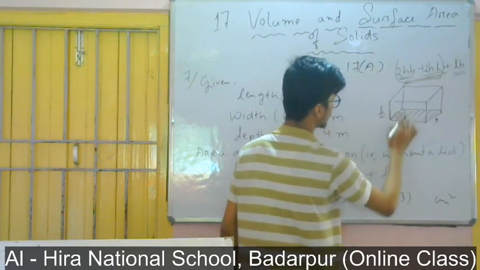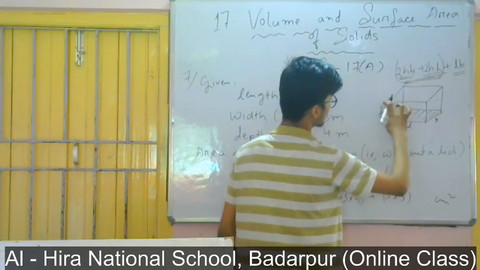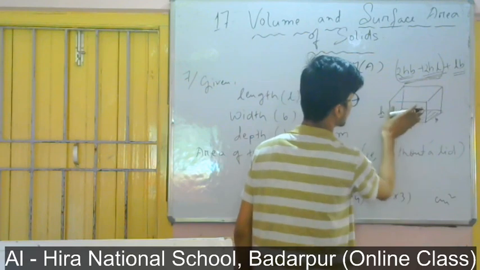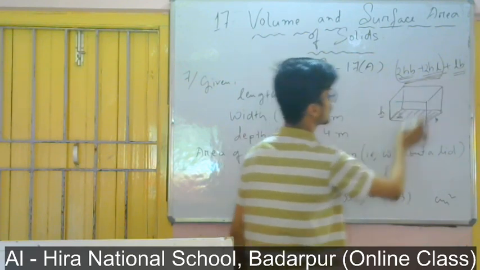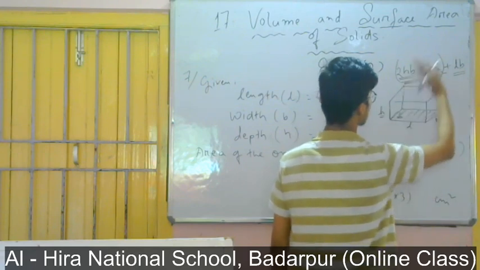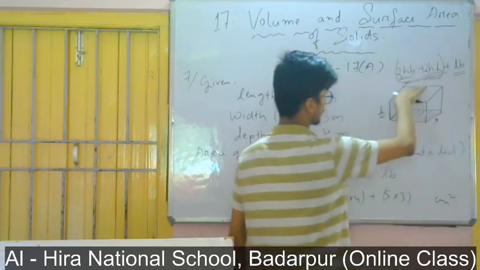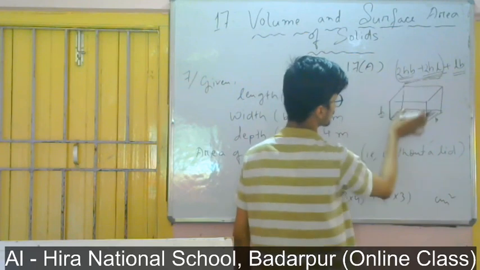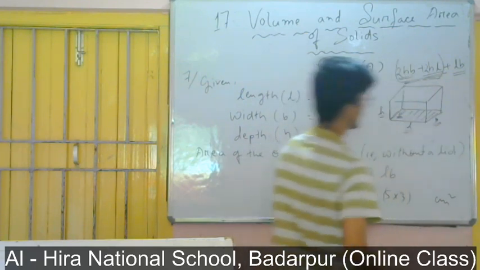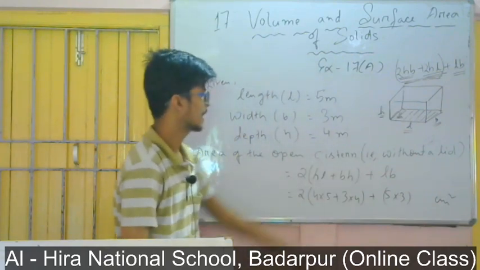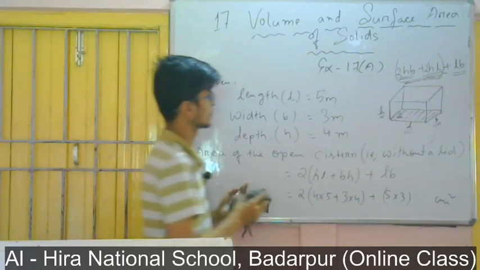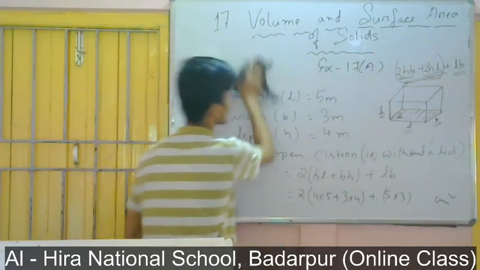So for front side, you see here this side it is H and this one it is L, that means H into L. So 2 times the front and back, so H into L 2 times I have written. And then question is given that you have to leave the upper one, the lid will be here. So I am leaving this one, only I have to take this one time, which is equals to length into breadth. So I am writing it directly L into B. Okay, so now I will calculate this one.